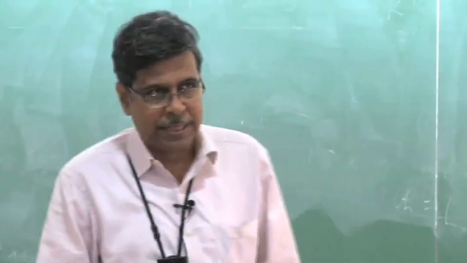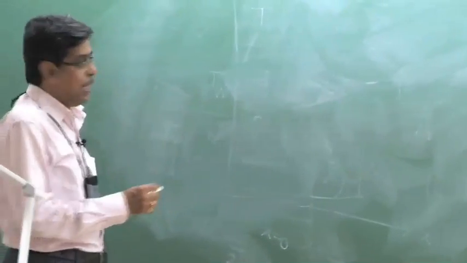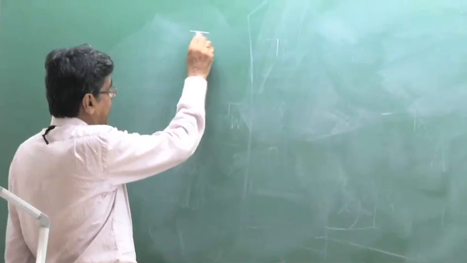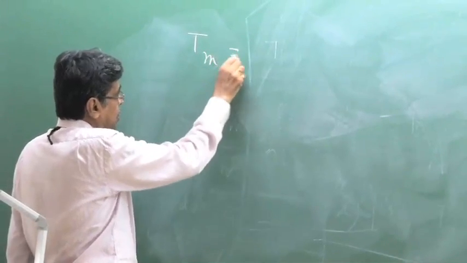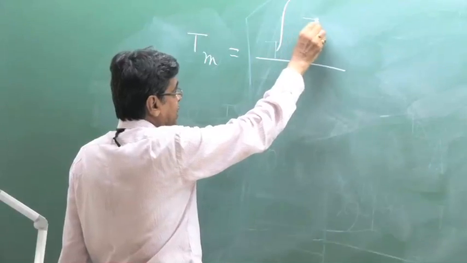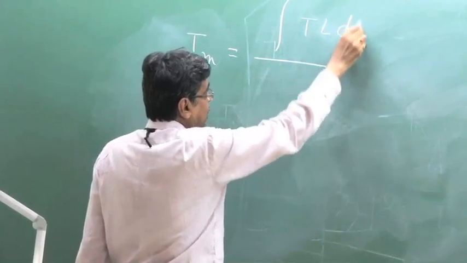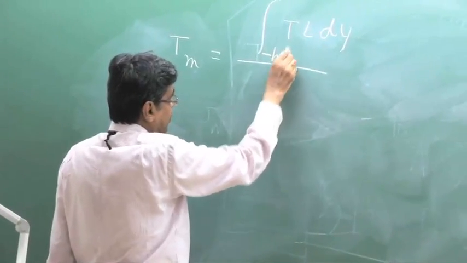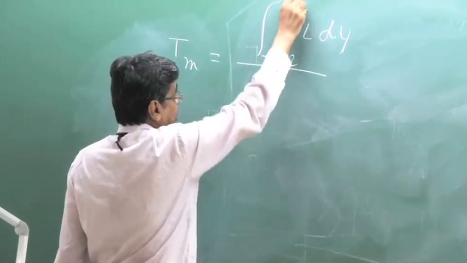Come back again to this session. Before I start, I should mention that in the last class, by an inadvertent mistake, a student pointed out there was some mistake when I defined this, that it was T L dy from minus h by 2, that means it is cross-sectionally averaged.